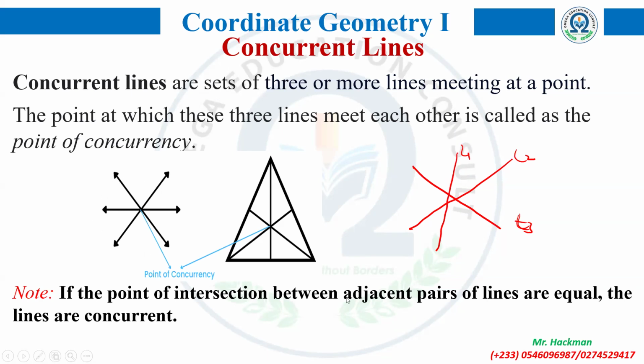If the point of intersection between 2 adjacent pairs of lines are equal, the lines are concurrent. So in this case, assuming I call these L1, L2, L3, the adjacent lines will be L1 and L2, then L2 and L3. Is that clear?